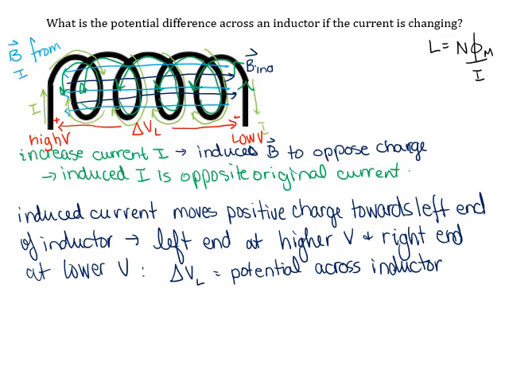So Faraday's law says that the induced potential, in this case we've labeled that delta V for the inductor, is equal to minus d phi, the change in magnetic flux, by dt, so with respect to time. So the negative sign says that it opposes the change.